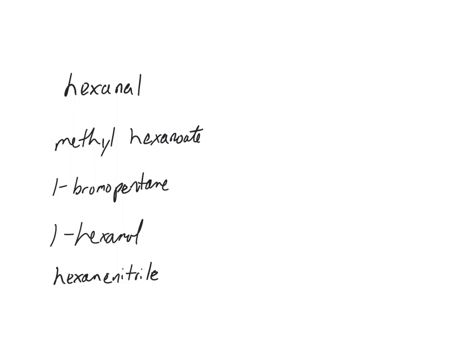So this is a Sapling question. We have essentially here five different molecules, five different functional groups. So the first one, what kind of functional group is that? An aldehyde. That's an ester. 1-bromopentane is just an alkyl halide.